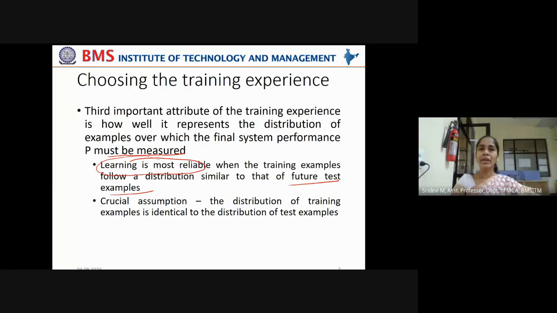Now you are trained very well with your textbook examples. I'm giving you the example of a student. You're trained very well with the textbook examples. But in the exam, if you get the same textbook examples, you can perform very well. But if you get some other examples, though the concept and the methodology that you apply would be the same, if you get a different type of question, the accurate performance may be in doubt.